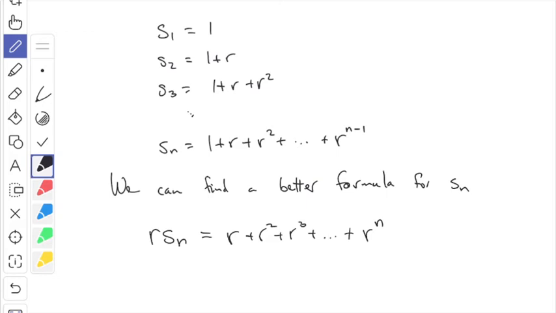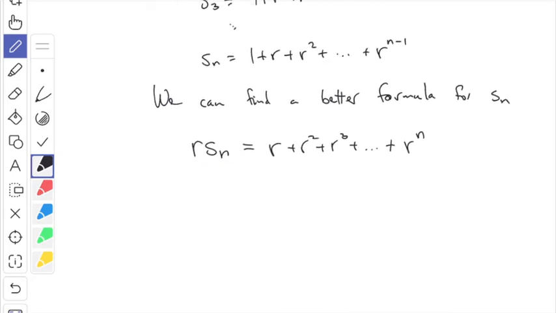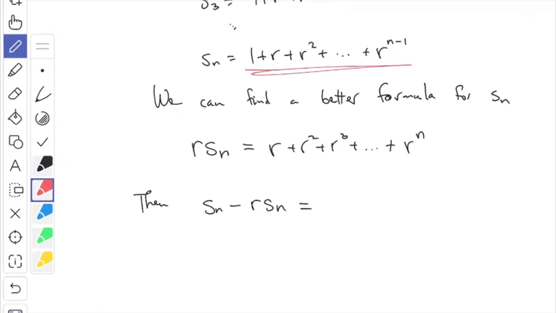And now, the second cute step is I'm going to subtract: Sn minus r times Sn. All right? And what I'm subtracting is, here and here. The point of this is, you'll see, when you subtract, those 2 things are almost all the same.